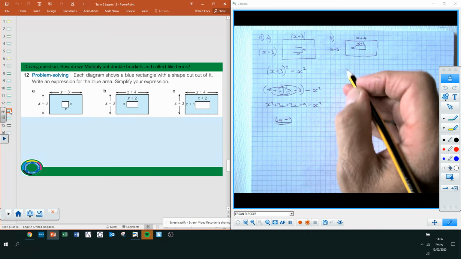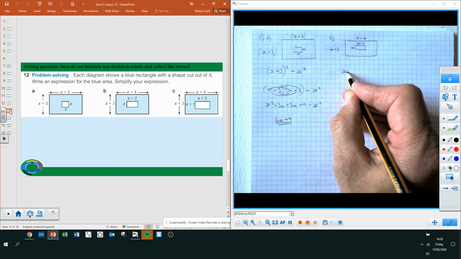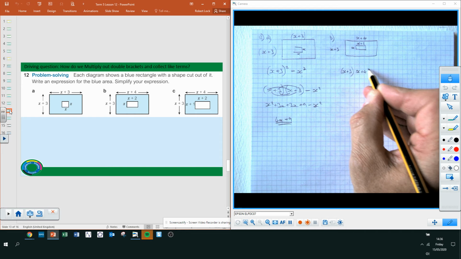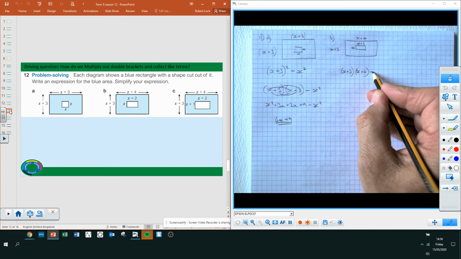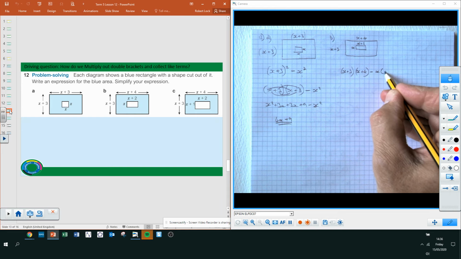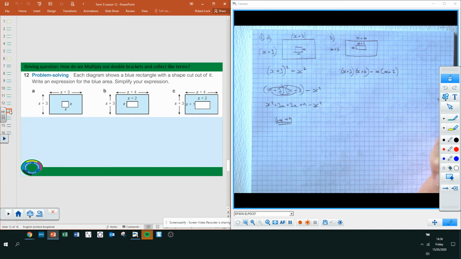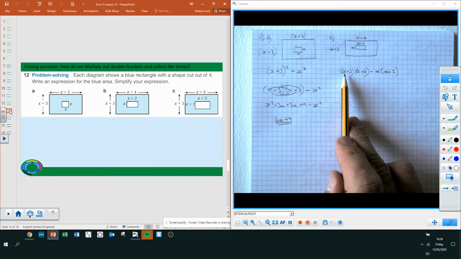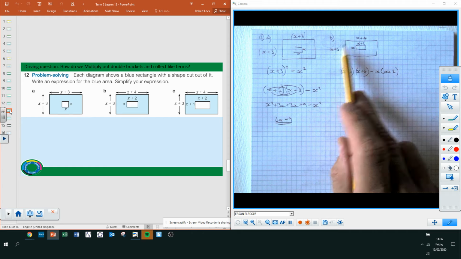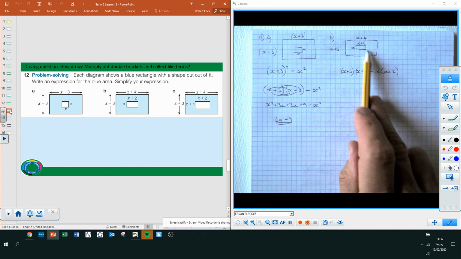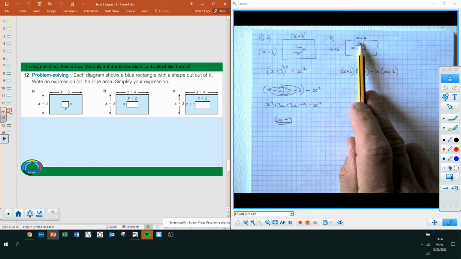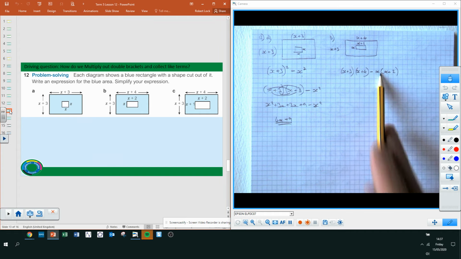So we end up with x plus 3 times x plus 4 minus x bracket x plus 2. So x plus 3 times x plus 4 finds the area of the whole thing. And then we're going to take out this one here, x times x plus 2.